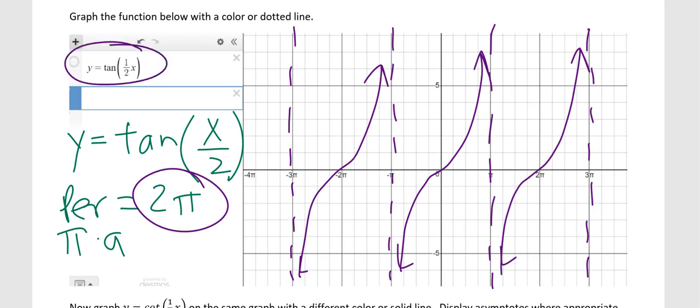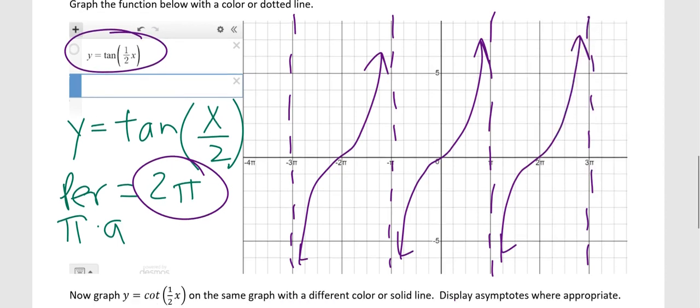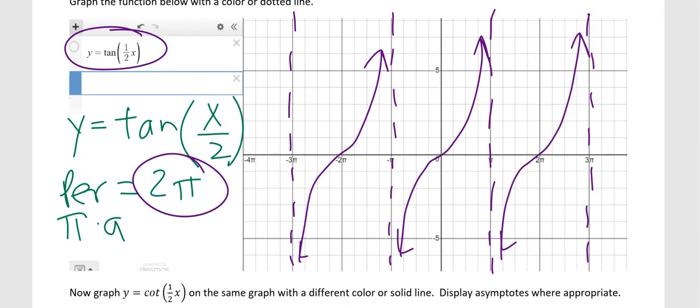Okay, so I graphed this one in purple. So now we need to do the cotangent, right? I'm going to do that one in red, cotangent. So what happens at every one of those x-intercepts?